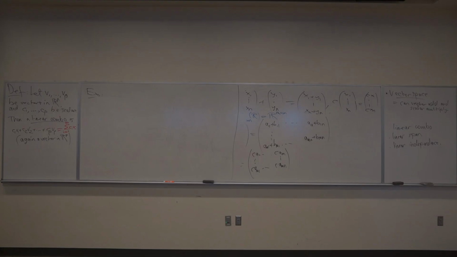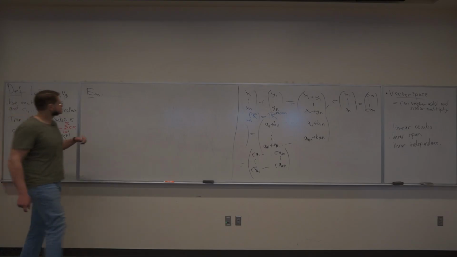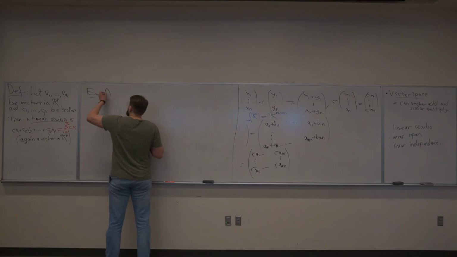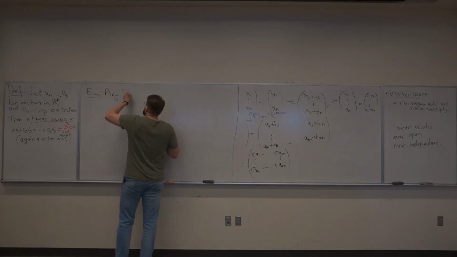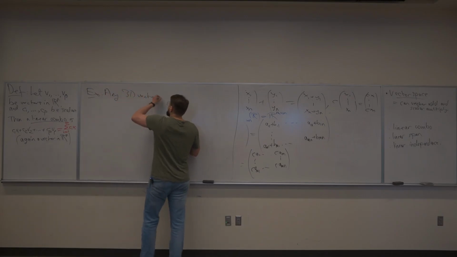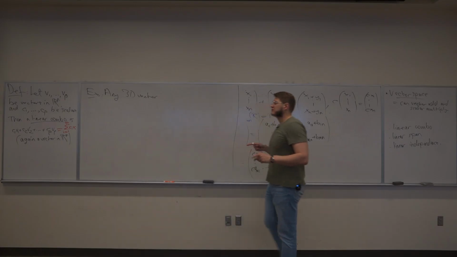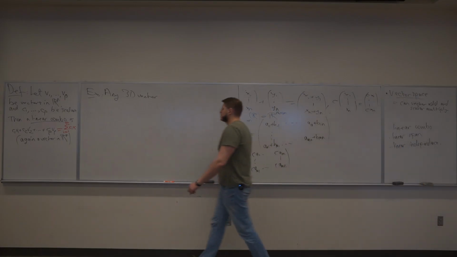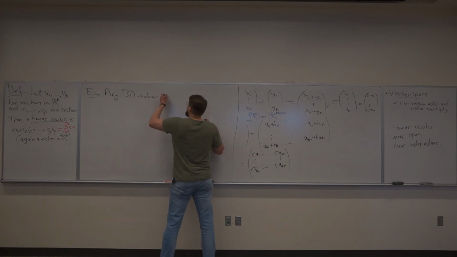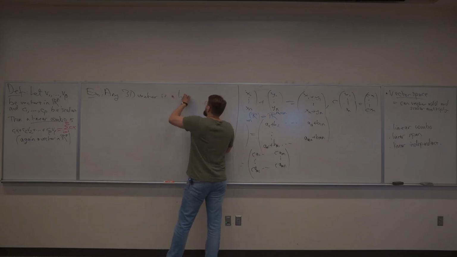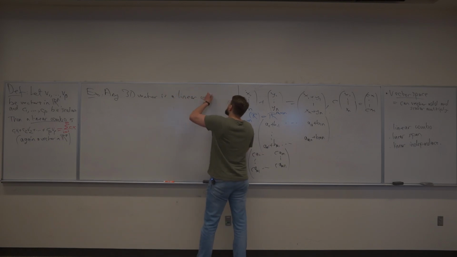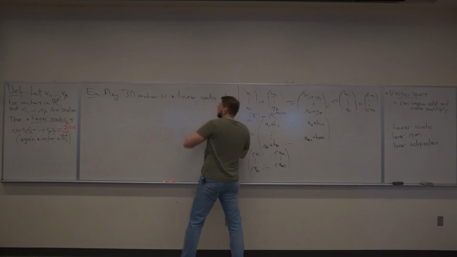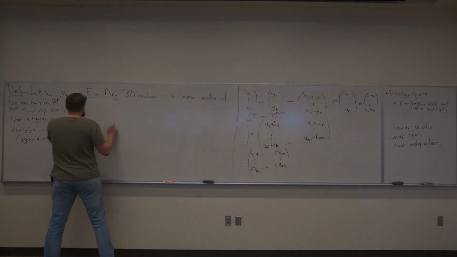So for instance, what we can say is this. Any 3D vector, so a vector in R3, is a linear combo of the following three vectors.